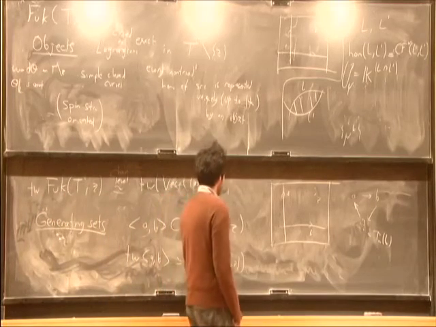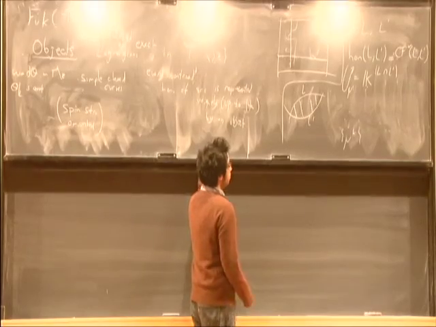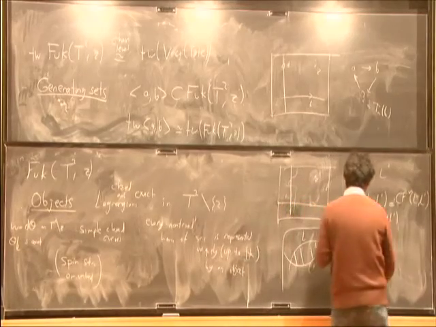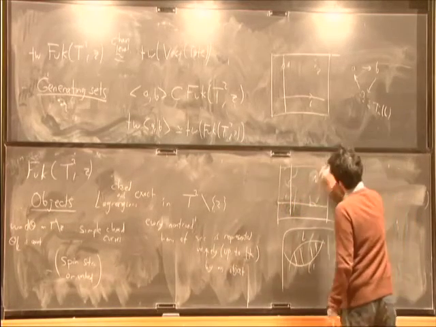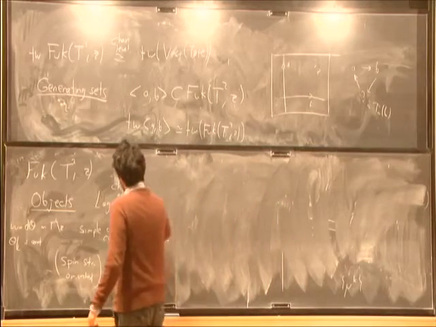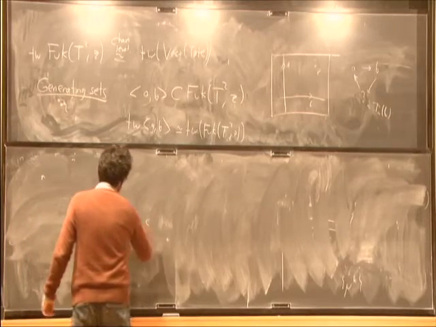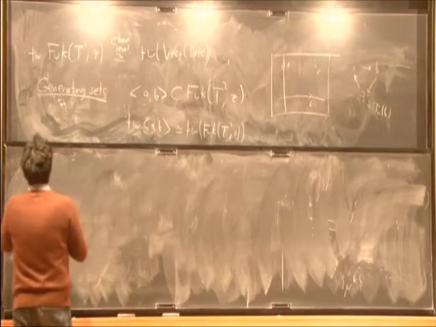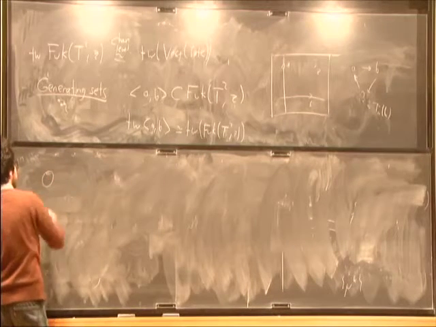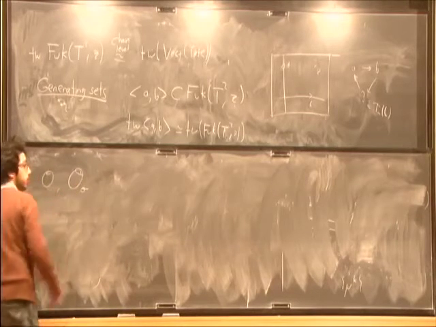Okay, so a similar situation happens on the complex side. Sorry, on the algebraic side. On the algebraic side, we have two distinguished objects. One is the structure sheaf, and the other one is the skyscraper sheaf at the point sigma.